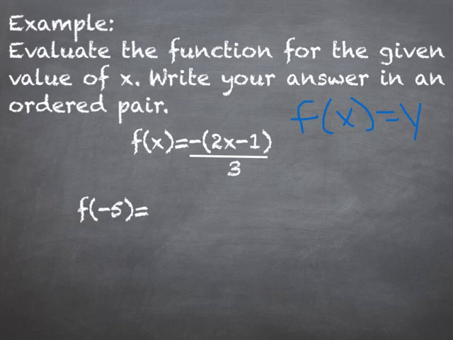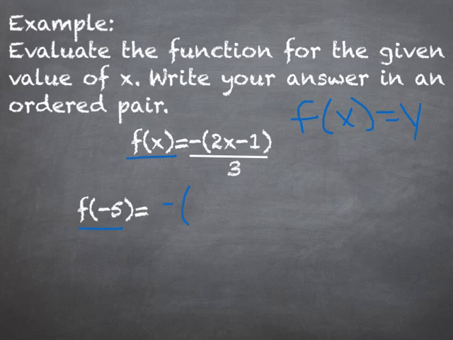Whenever they write f of x, it means that x is going to be our variable. When they change x to be a number, that means they want you to plug that number in for x. Where we get confused is that we keep f of -5 on the left side. We're not going to solve for f, we're going to solve for f of -5.